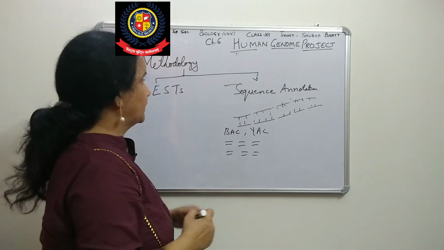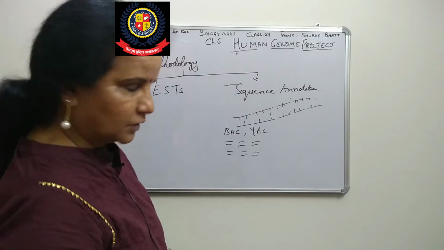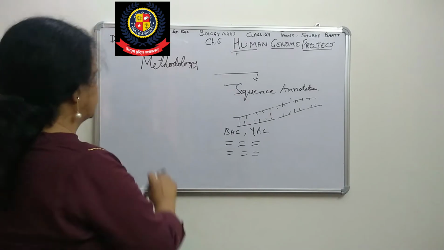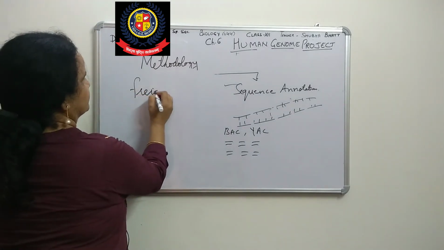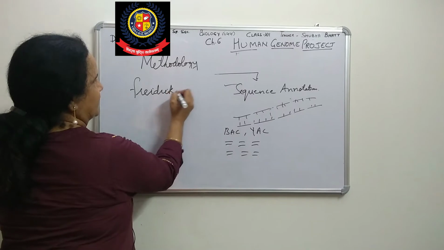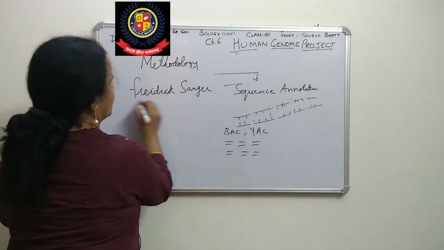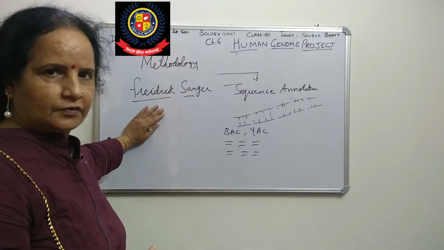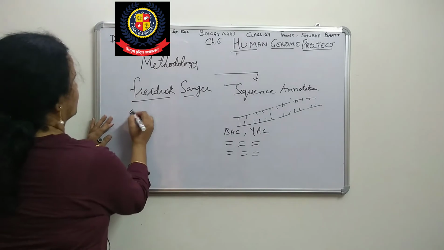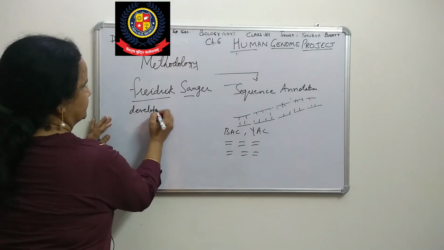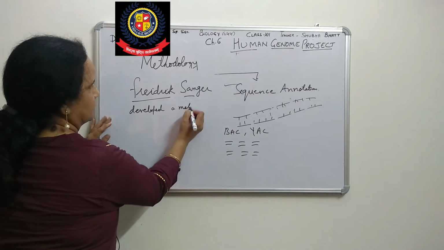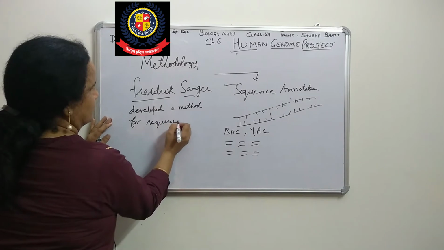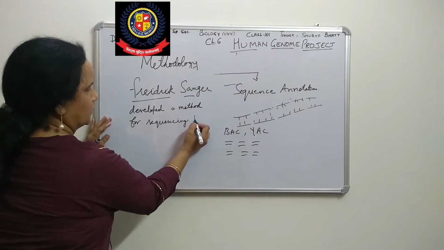Now, when we have got more copies of these fragments, then there was one scientist, Frederick Sanger. He had already sequenced a number of genetic sequences, and he developed a method for sequencing these base pairs, or bases.